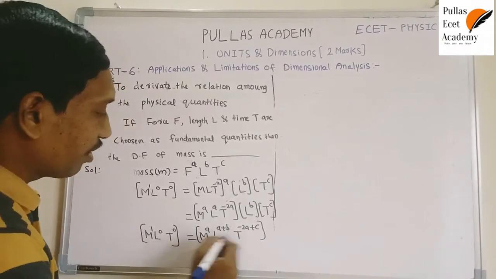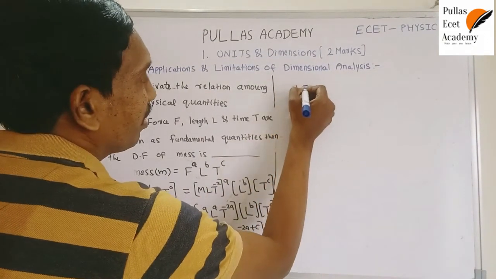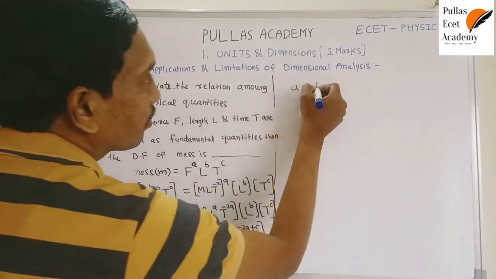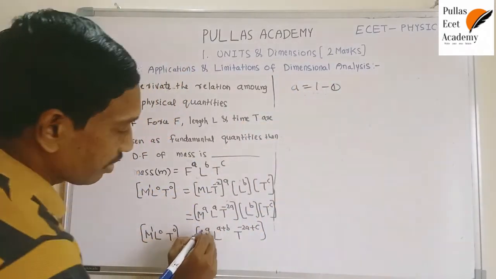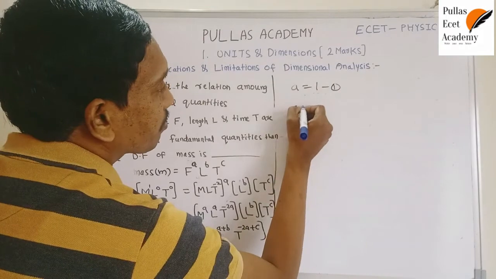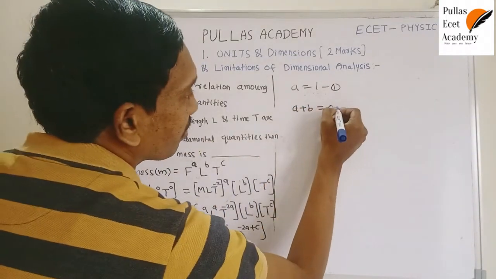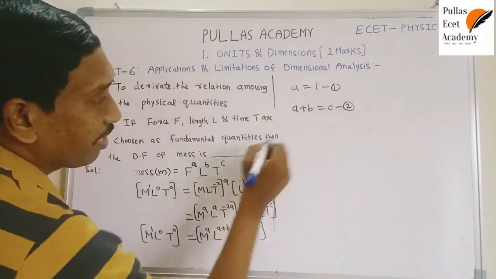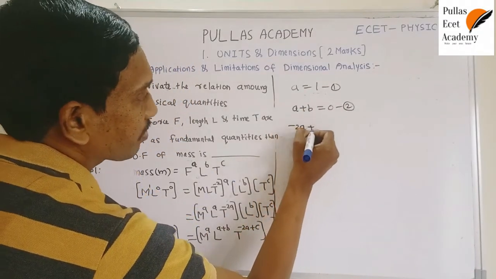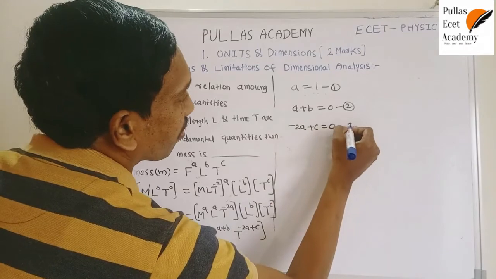Now we equate these dimensions. The first equation: A is equal to 1. In the same way, the second one: A plus B is equal to 0. This is equation 2. In the same way, the third equation: minus 2A plus C is equal to 0. These are the 3 equations.